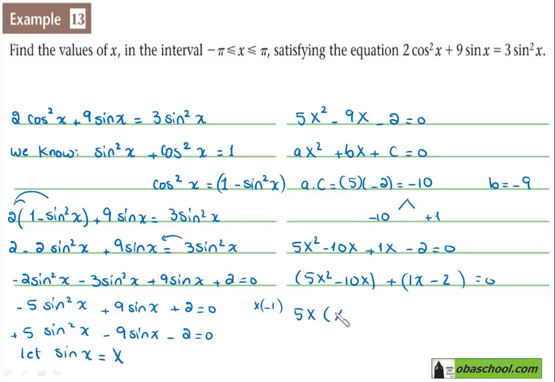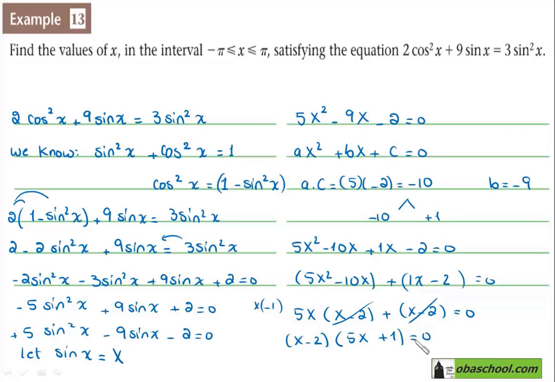What remains is X minus 2, plus X minus 2 all equals 0. The common is now X minus 2, multiplied by what remains outside, so 5X plus 1 is equal to 0.